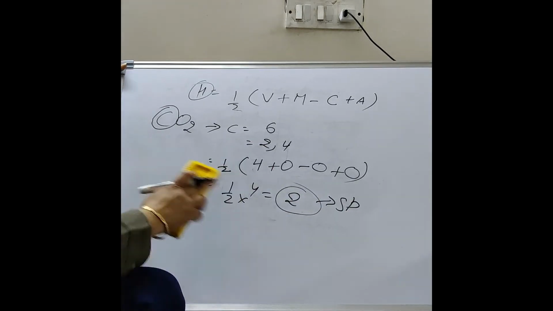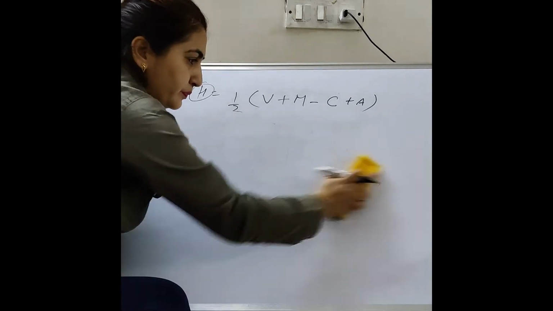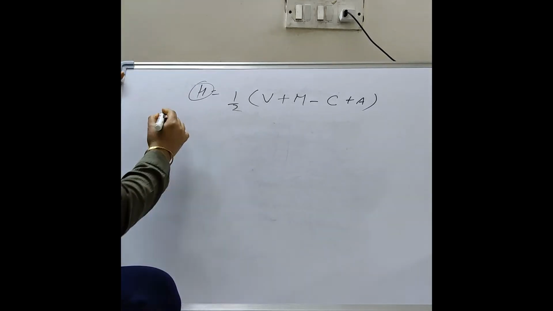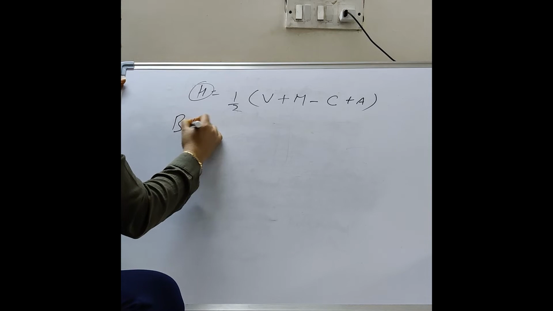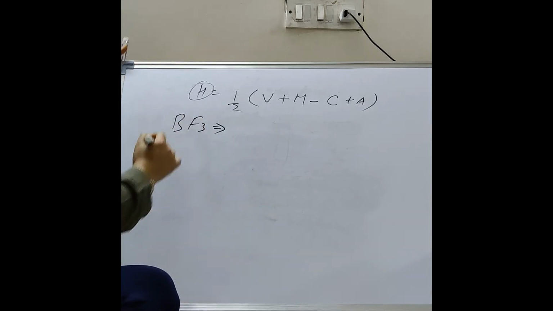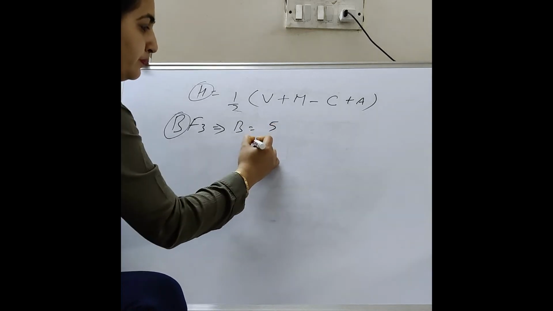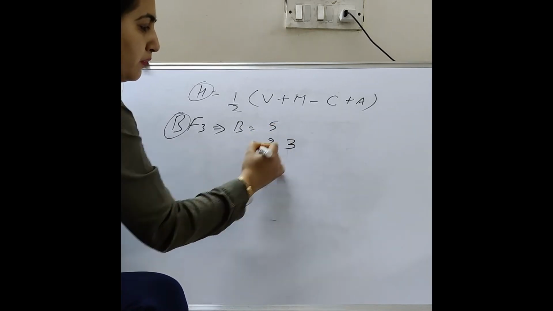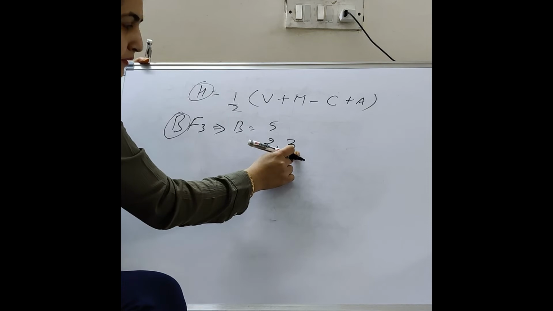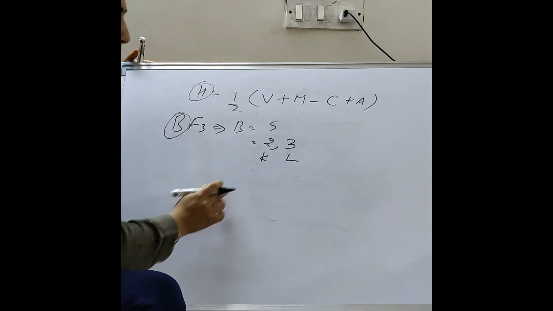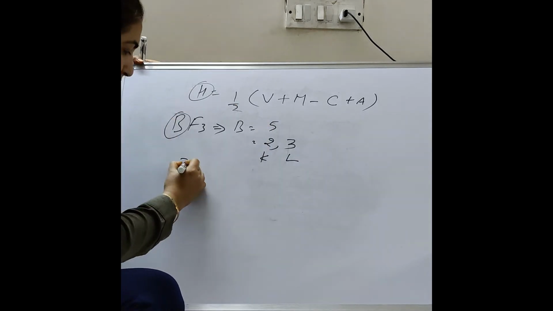Now let us come to the second example, that is BF3. Here boron. The atomic number of boron is 5. First shell 2 electrons, second shell 3 electrons, that is, the L shell has 3 electrons. So 3.